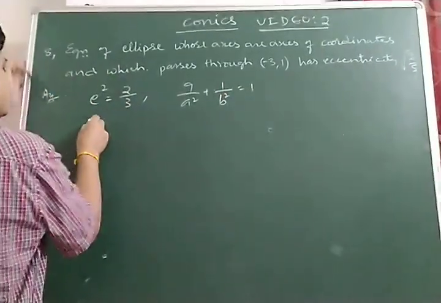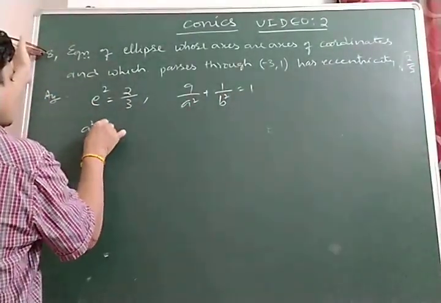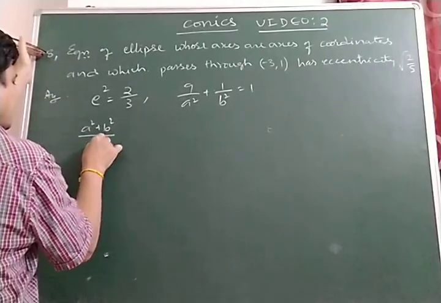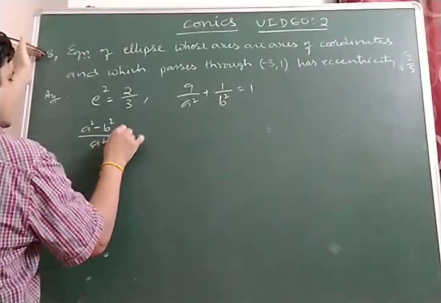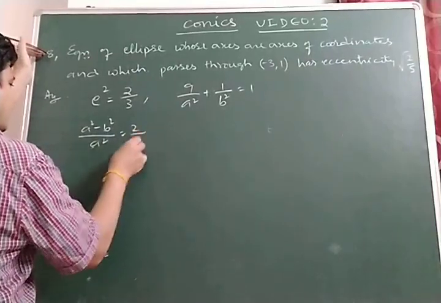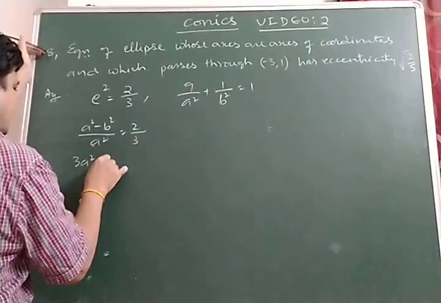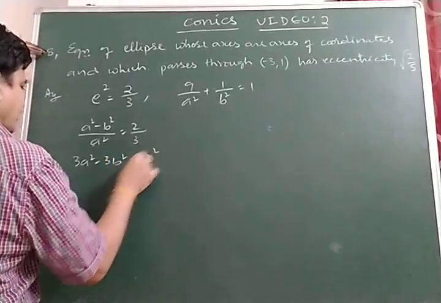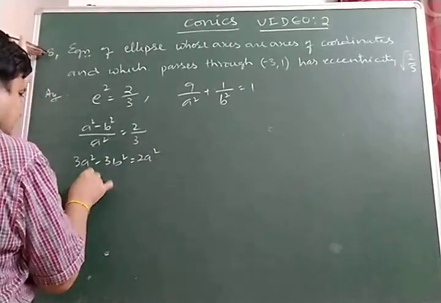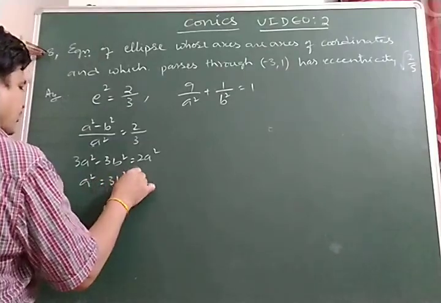Now we know that e square is equal to a square minus b square by a square, which is equal to 2 by 3. Now applying cross multiplication, 3a square minus 3b square is equal to 2a square. So a square is equal to 3b square.